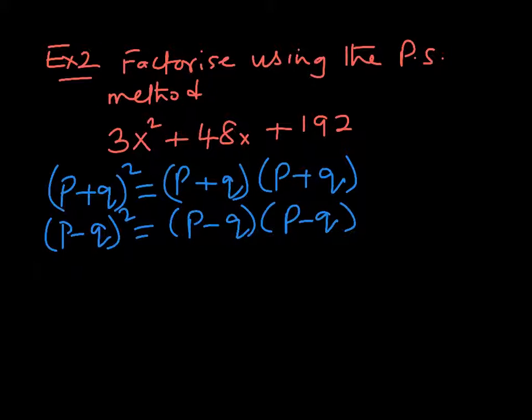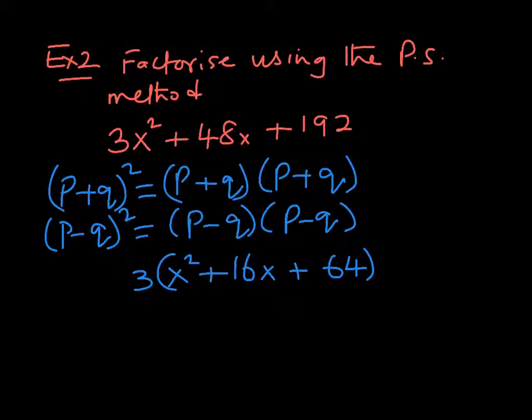What can we do to it to make it look like a perfect square? Because the values are really big, you can factor 3 out of it. So 3 into x squared plus 48x divided by 3 is 16x plus 192 divided by 3 gives us 64.